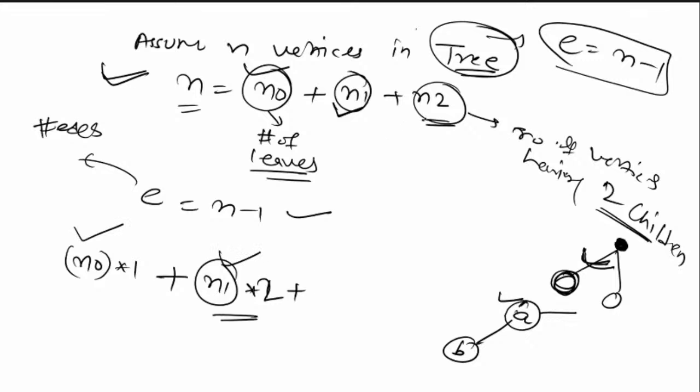Now let's come to this n2. In this n2 I am not including the root node, so n2 minus 1.